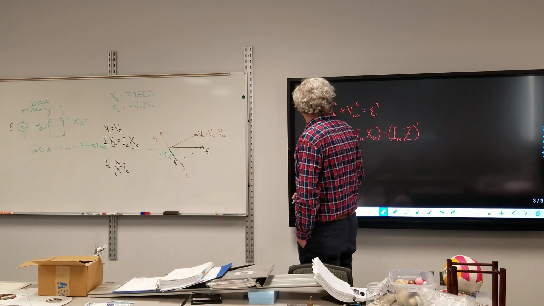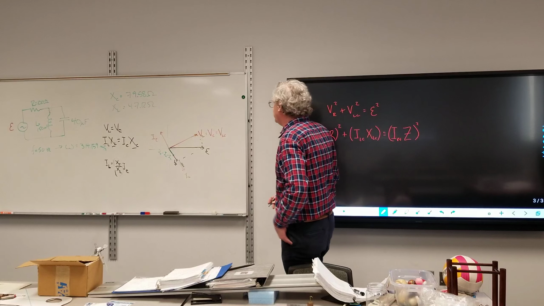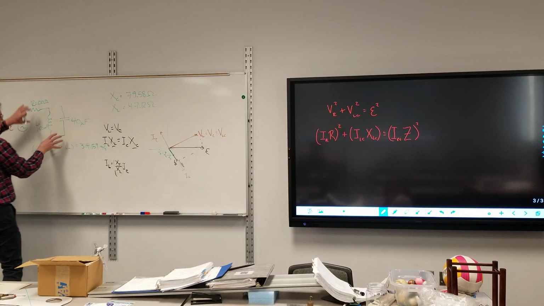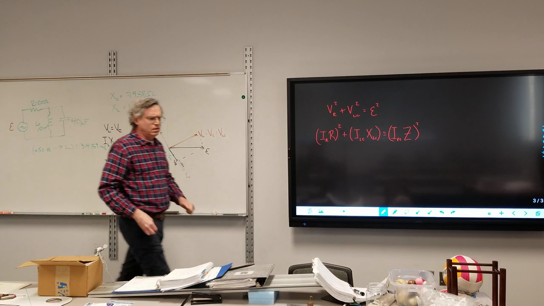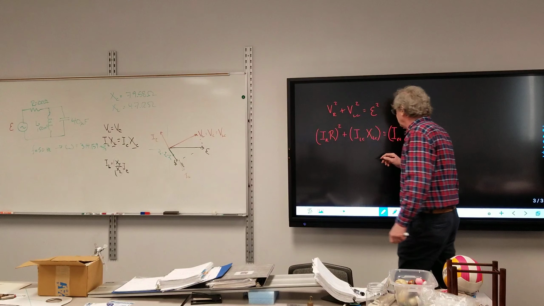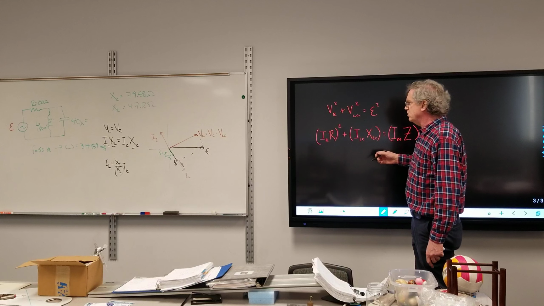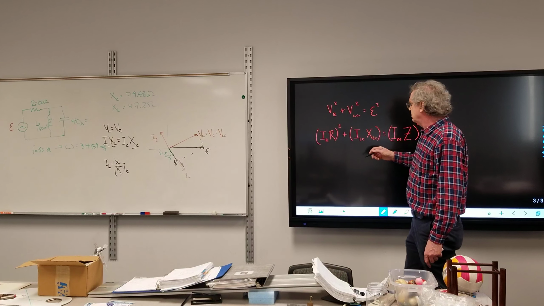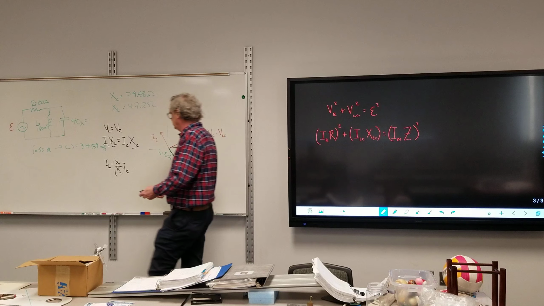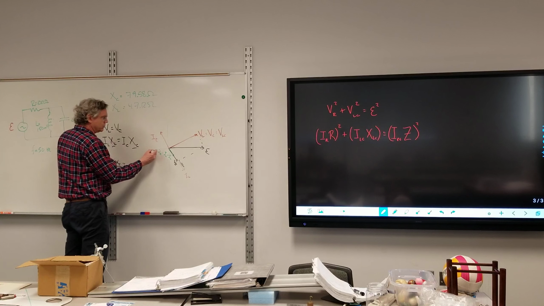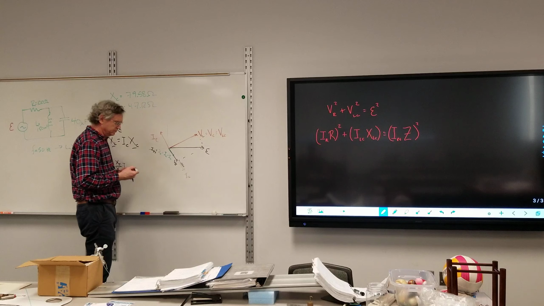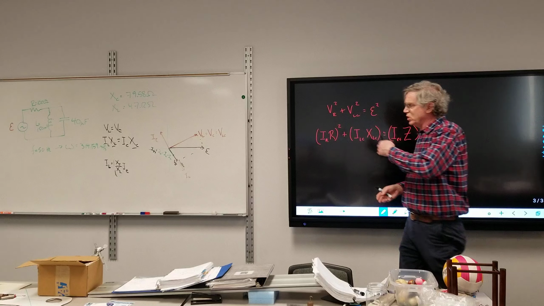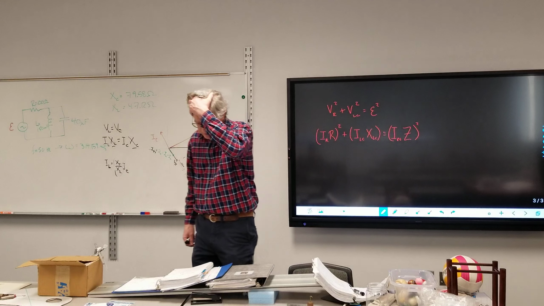I know the current flowing into here has to be IR, which equals I power supply, because whatever current's flowing out of the power supply has got to flow across the resistor. There's no junction in between them, so they are in series.